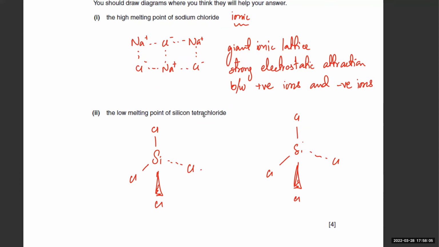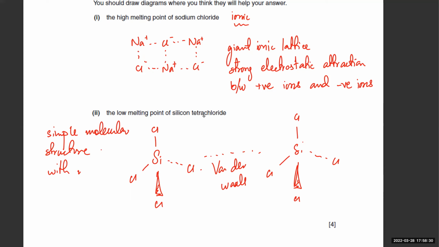So the only force that will exist between them is going to be weak intermolecular forces. And in this case, it's going to be van der Waals forces. So the words that you're going to write is that it's a simple molecular lattice with weak van der Waals forces.